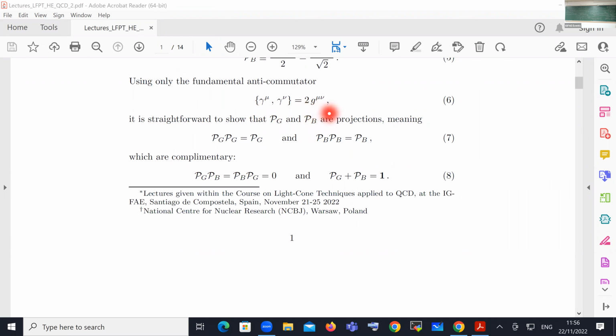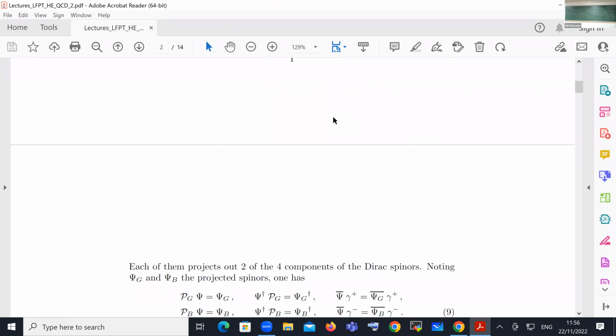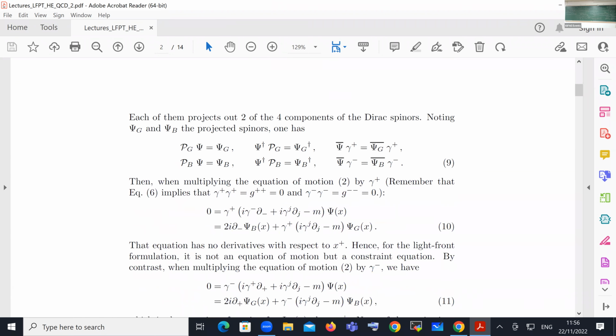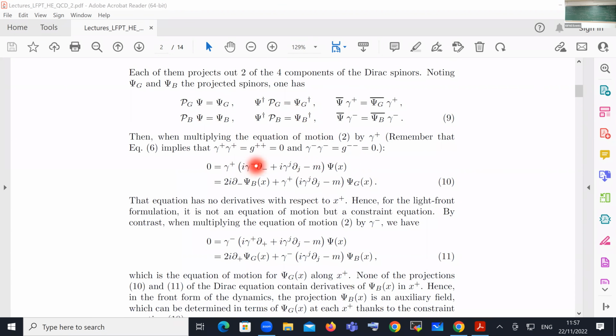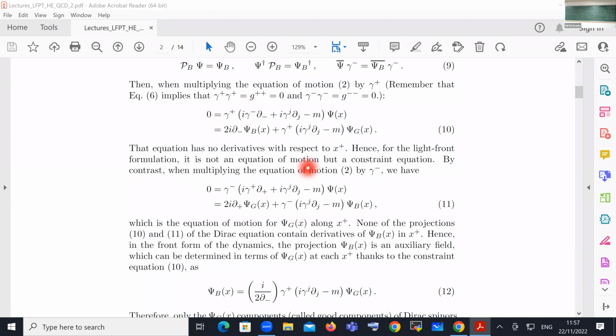But g plus plus is 0 because of Light-Cone coordinates, so that means gamma plus times gamma plus is 0, and the same, gamma minus times gamma minus is 0. That's a very important thing to keep in mind when we play with the Dirac field in Light-Cone coordinates.